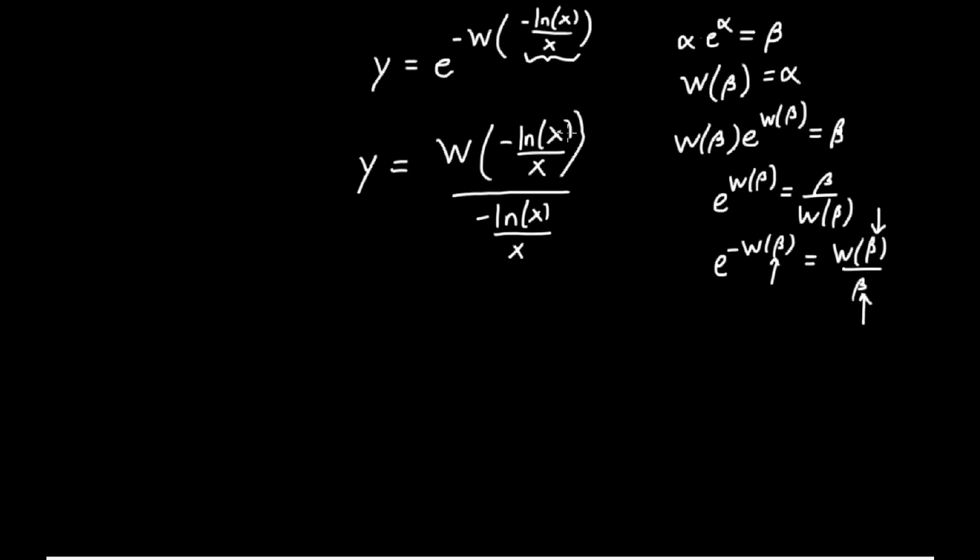And that's all the manipulation that I'll do. And I claim if you give me some value of x that you want to see commute with y, that is, to solve this equation, give me that value of x, you compute this to get your y, and that pair of numbers x and y will commute under exponentiation.